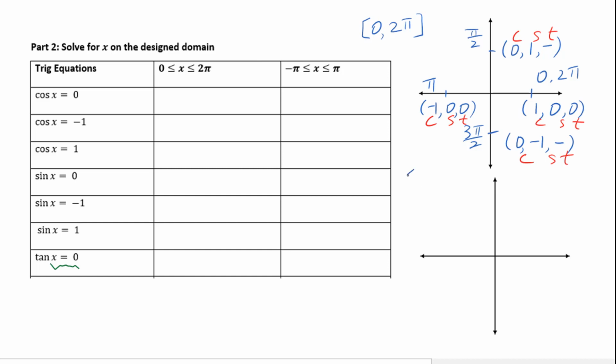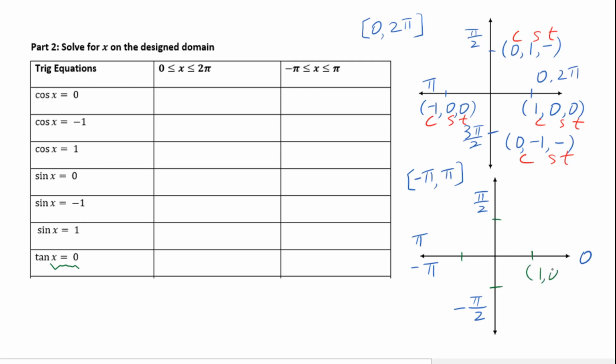For the closed interval from negative pi to pi, we will label this 0, pi over 2. Then this is pi. Then here's 0, negative pi over 2. Then negative pi. Write down the coordinates.